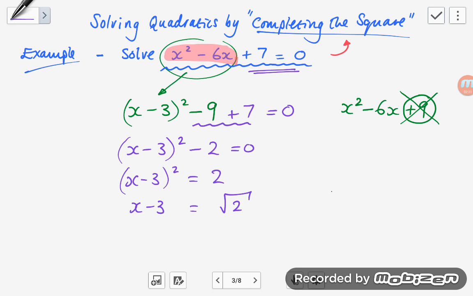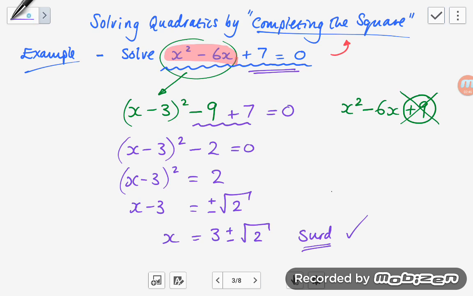Now you've got to remember that when you square root a number, it has positive and negative solutions, so we have to show that. And now if we add 3 to both sides, we get x equals 3 plus or minus the square root of 2. Now that answer is in surd format, which is perfectly acceptable.